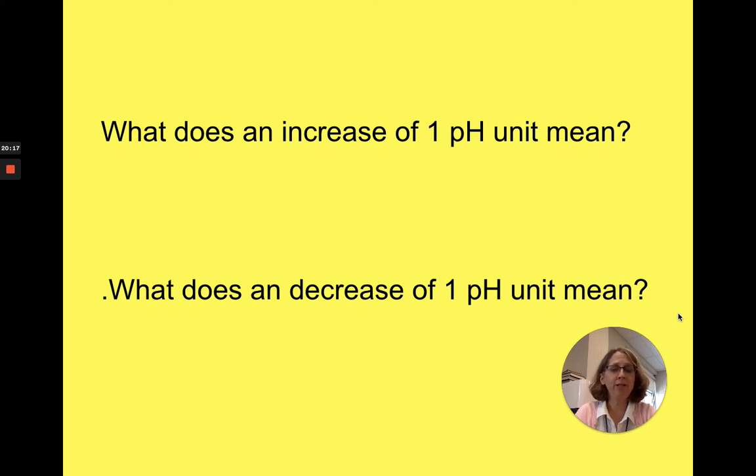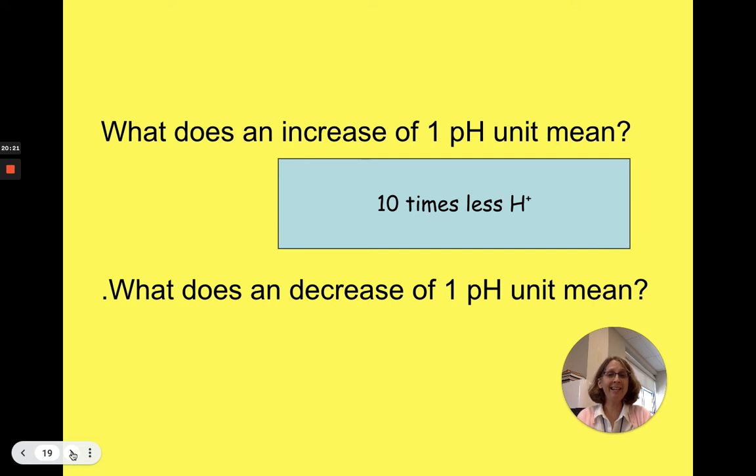And so an increase of one pH unit would be 10 times less H plus. So pH 2 would be 10 times less than pH 1. A decrease, like going from 2 to 1, would be 10 times more.